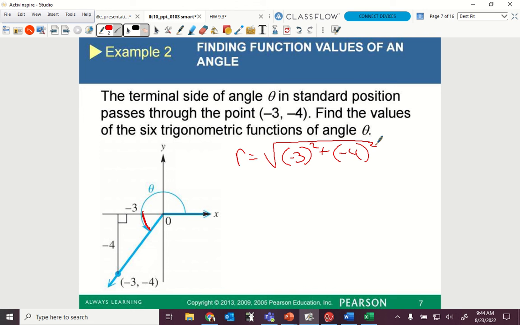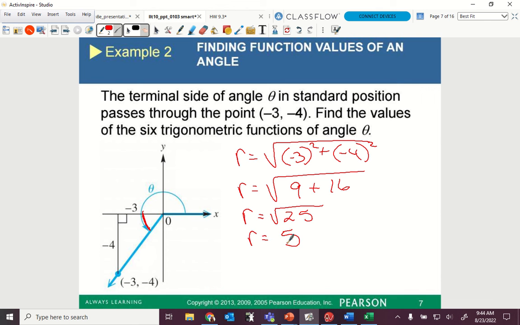So -3 times -3, what is that? 9, positive 9, right? 2 negatives will make a positive. Plus -4 times -4, positive 16. 9 plus 16, 25, and the square root of 25 is 5.